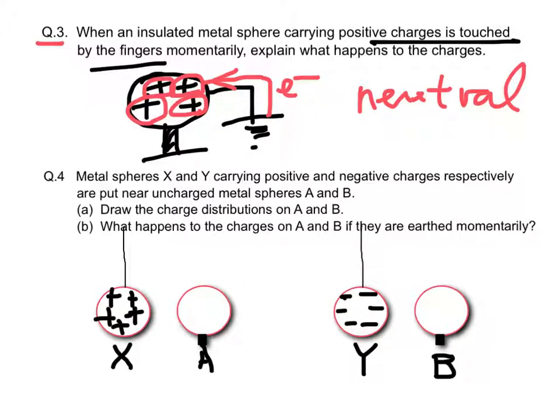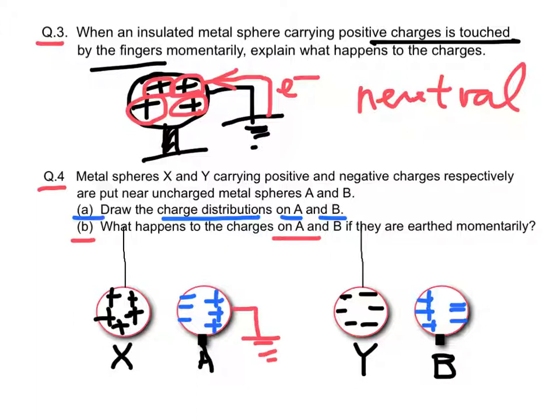Now look at question number 4. For part A, the charge distributions on A and B would be. For part B, if A is earthed momentarily, electrons will go from the earth to neutralize all the positive charge on A. As a result, A will be charged negatively.